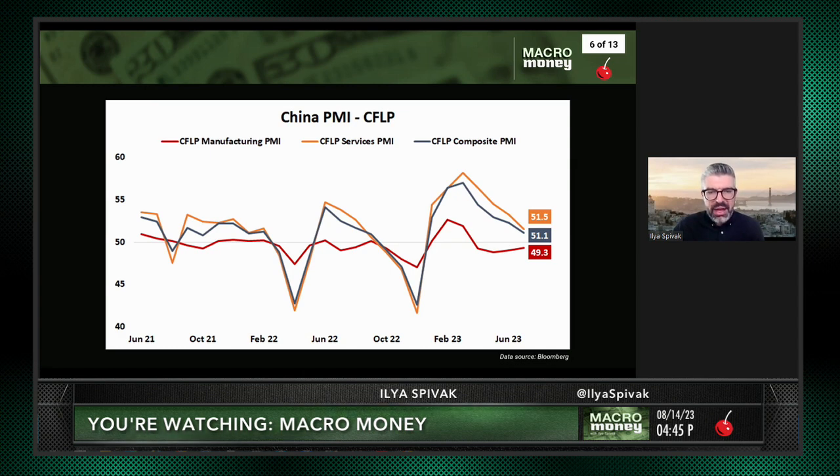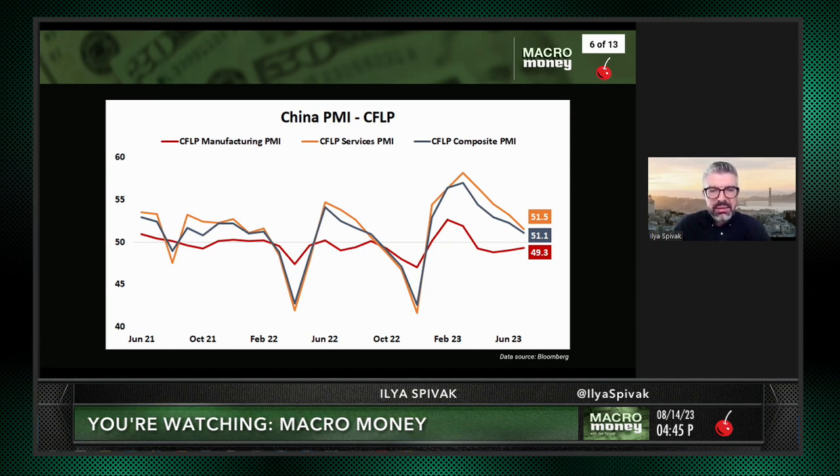Initially, it was manufacturing. You can see that turned lower relatively early. It seemed to crest around January, February, and has since slipped back into contraction territory. Then we can see the dividend from reopening that seemed to boost domestic demand. That's that services jump in the orange line.